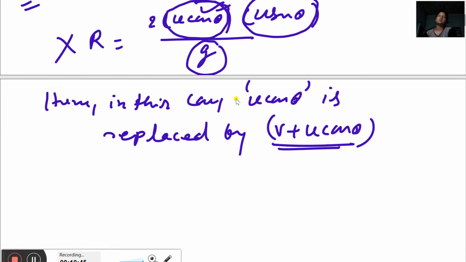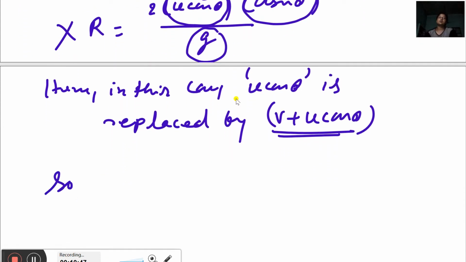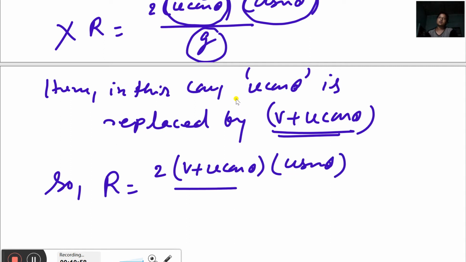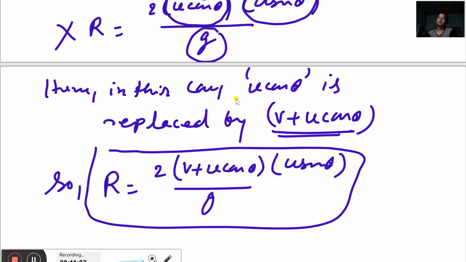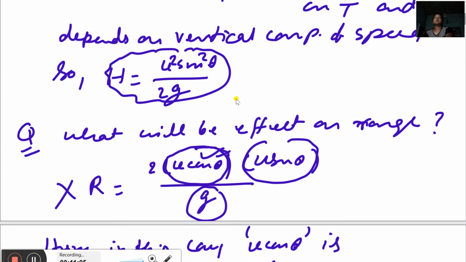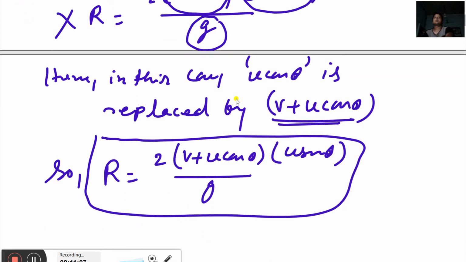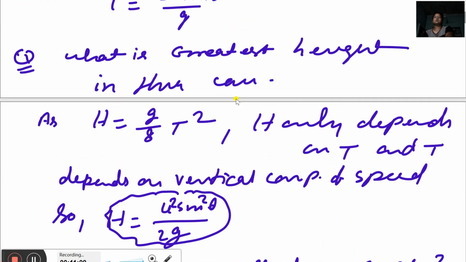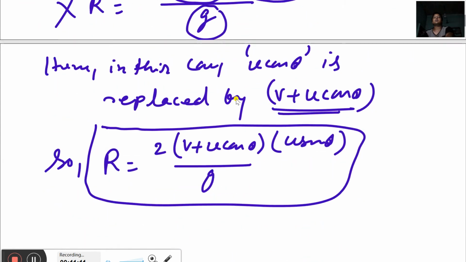So in this case range equals 2 into v plus u cos theta into u sin theta over g. This is the formula for range in this case. So there is a change in the relation of R.